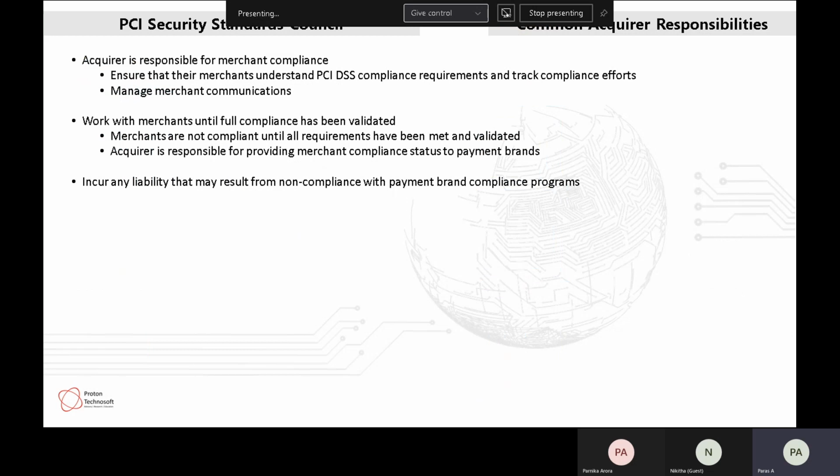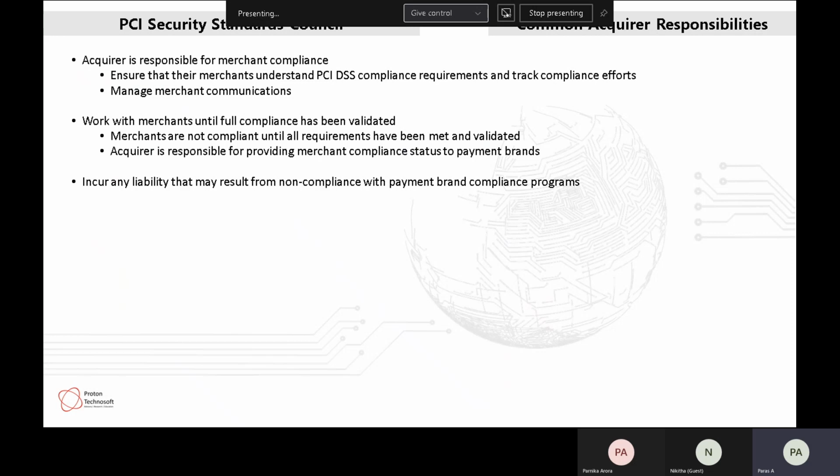Then the responsibility of an acquirer is a little elevated. Acquirers are responsible for their merchant compliance as well. For example, if HDFC Bank is an acquirer, or let's say Razorpay is an acquirer, and there is a business entity that has a business relationship with Razorpay.